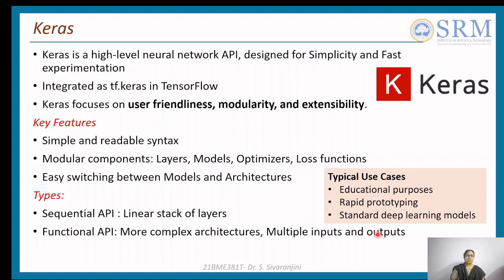When the functionality becomes much higher, we go for a functional API. The typical use cases are educational purposes, since, as I told you, beginners too can use Keras. We also have rapid prototyping and standard deep learning models. The standard deep learning models used by beginners are available in Keras.